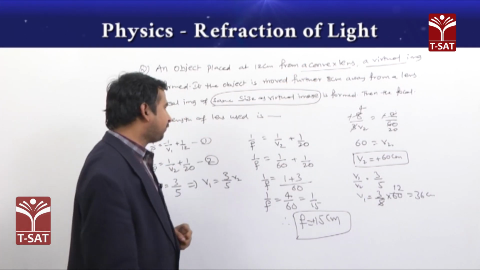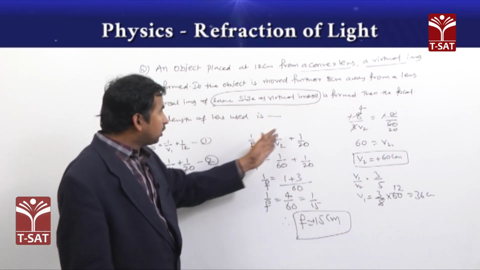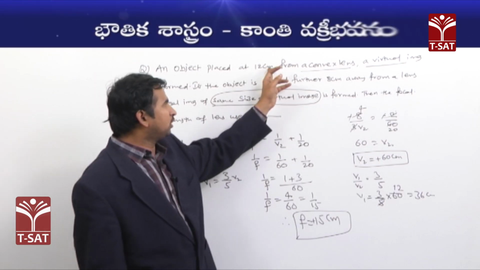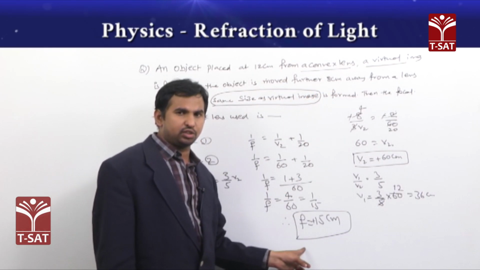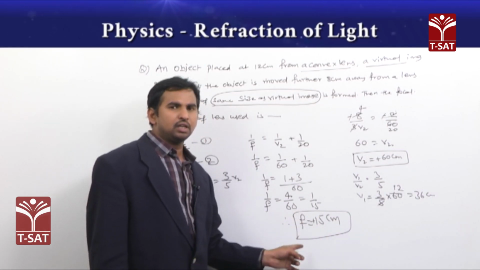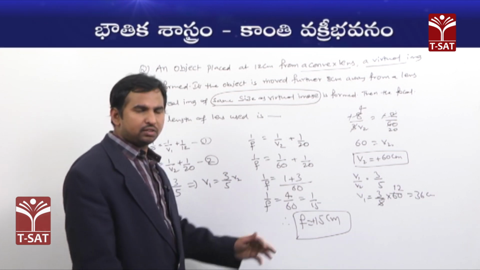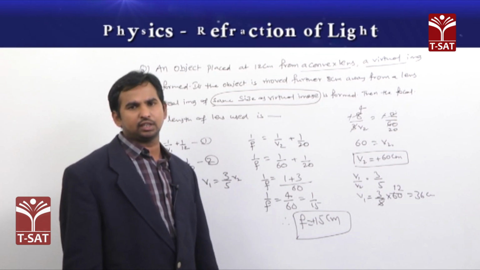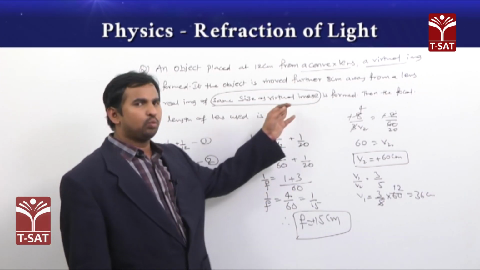Whereas in the second case, the focal length is 15 centimeters and the object is moved 8 centimeters away, so 12 plus 8 becomes 20. Then the position of the object is changed, and it is now in between the focus and the center of curvature. In this case we again form an enlarged image, but that enlarged image is the same size as the virtual image.